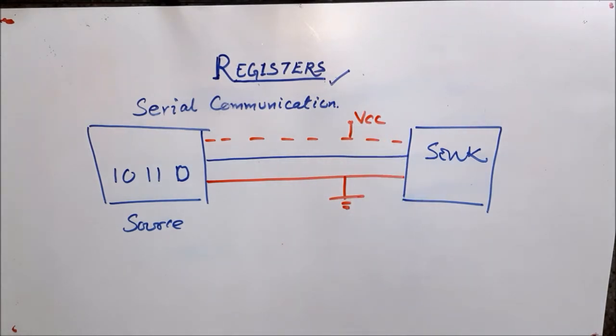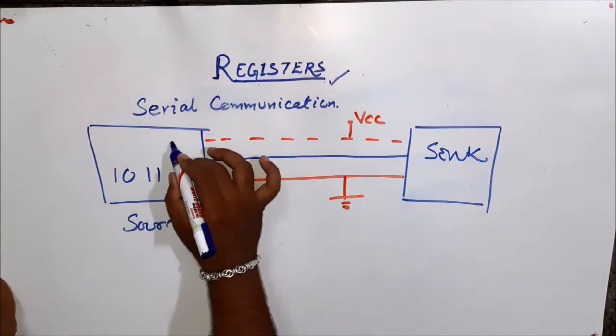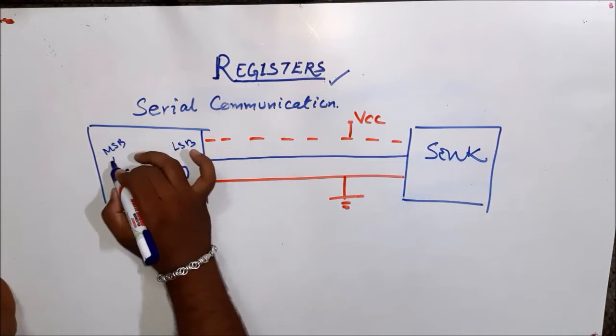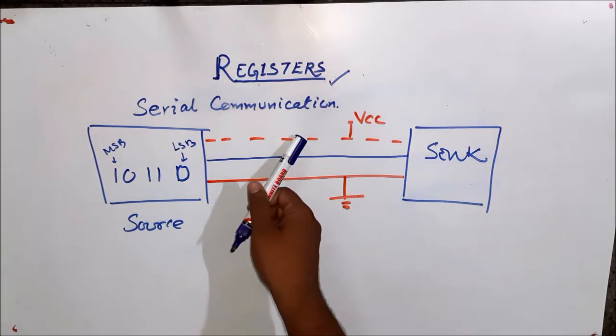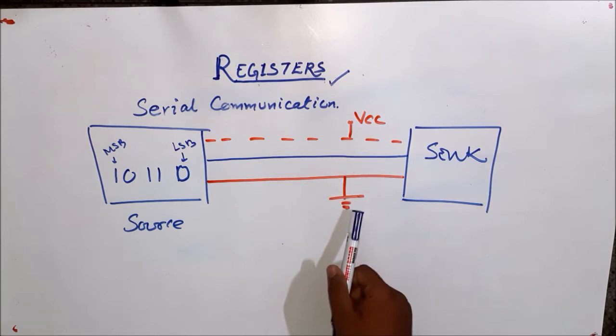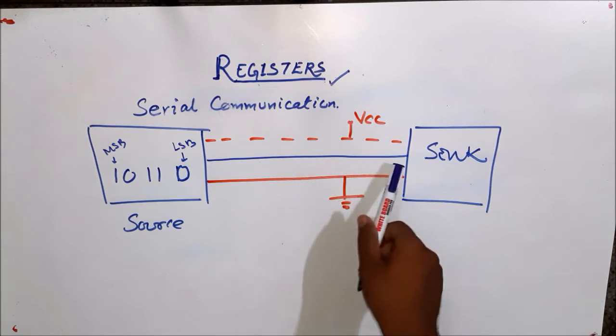So how does this transfer occur? First, this is my 5-bit word, this is my LSB and this is my MSB. And I told you, while transferring in serial, the LSB is transferred first. That means it is very clear that this is the power line. That means this is the high voltage line, this is the low ground line, this is the low voltage line, and this is the data line.